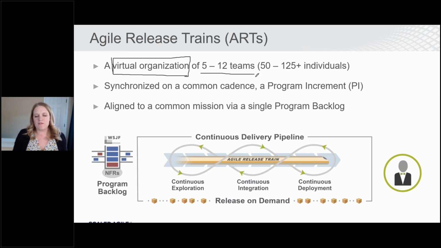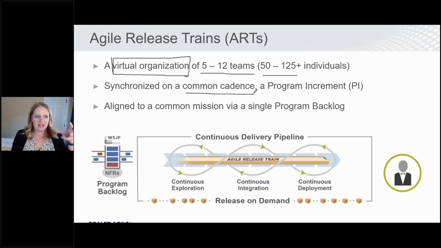Typically, they're anywhere from 5 to 12 teams and 50 to 125 people. We synchronize on a common cadence. So we synchronize on our sprints or iterations is typically what our agile teams are operating in. 2 weeks is the most common length of a sprint.